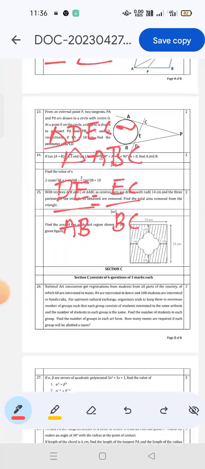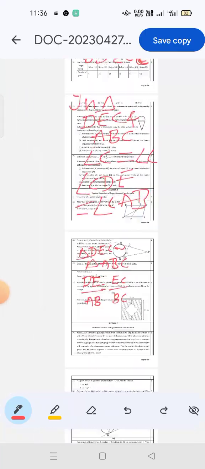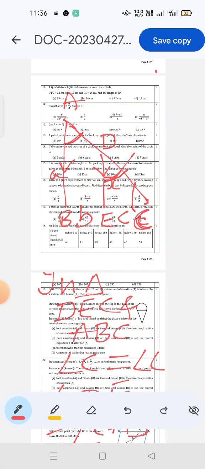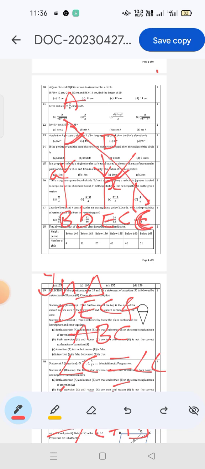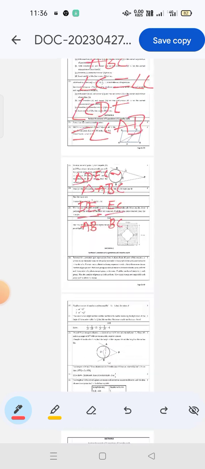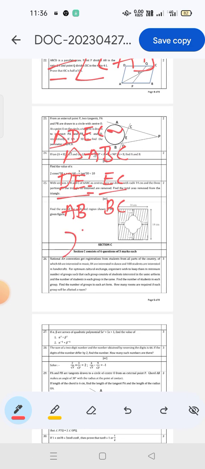Now, if you look at the figure, what is DE? DE is nothing but X. So X divided by AB. AB is nothing but A. EC is nothing but C.